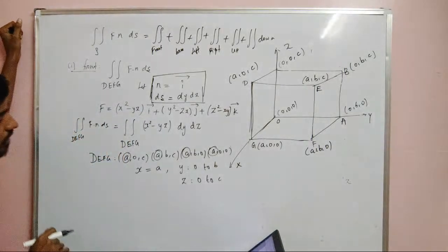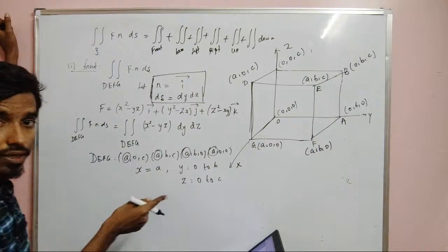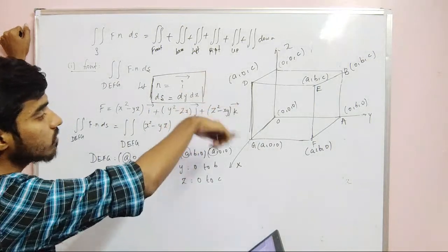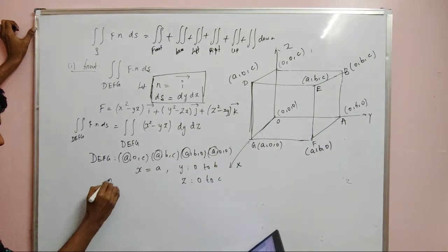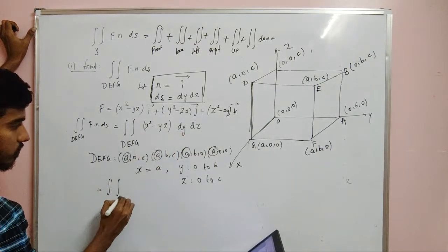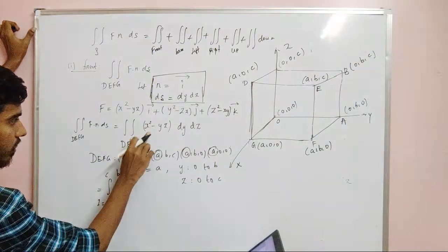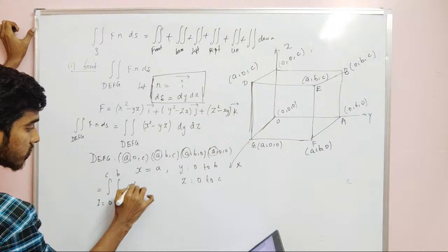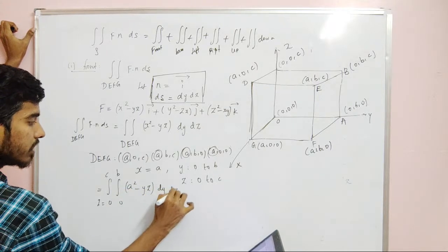So you can see x is equal to a, and y and z are varying, and we already know that y varies from 0 to b and z varies from 0 to c. So this integral will be, y limit is from 0 to b, z limit is from 0 to c, and here x is a, it will be a square minus yz dy dz.